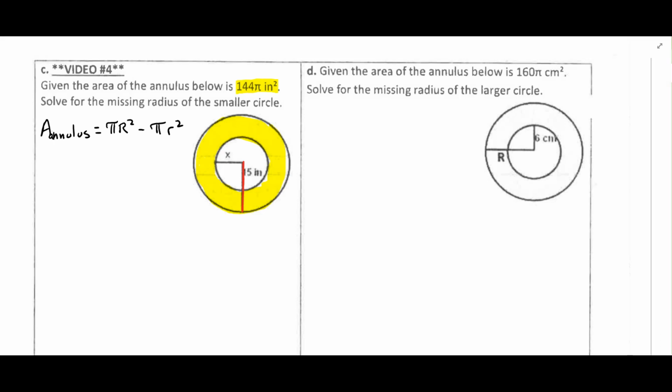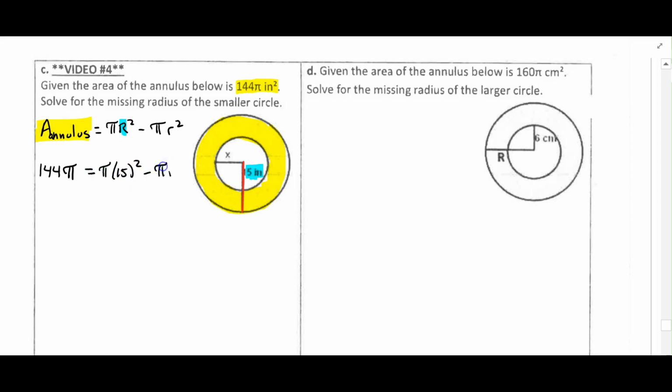Okay, so I know the area of the annulus, that's given in the problem, so let's substitute that in. That's 144 pi. And I know the radius of the big circle, that's 15, so let's substitute that in. Pi times 15 squared.